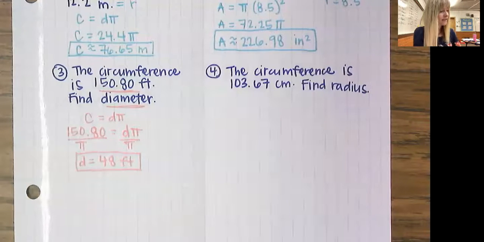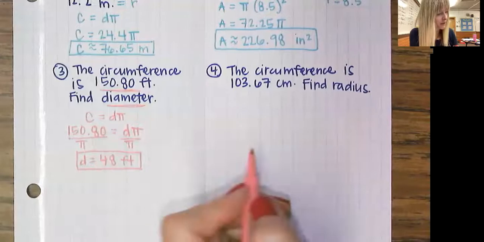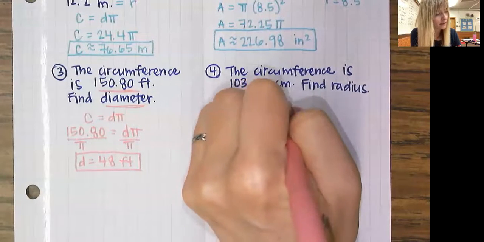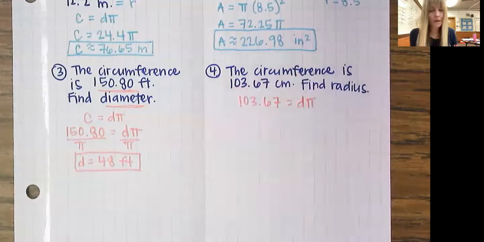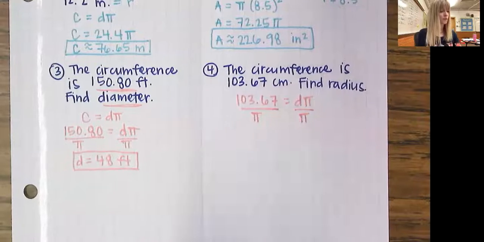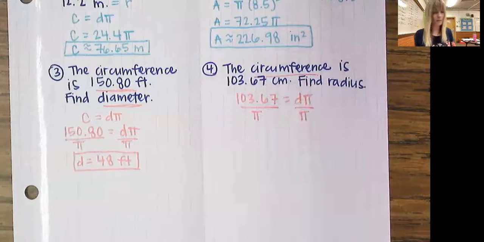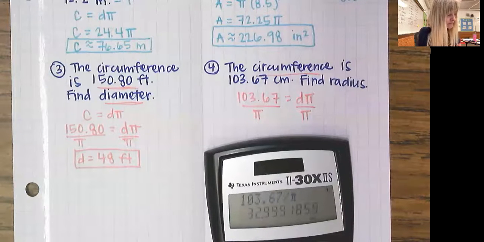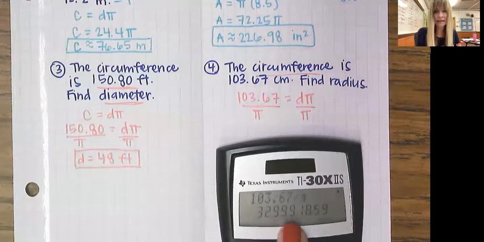All right, we're going to use the same circumference equals diameter times pi for this one. 103.67 equals diameter times pi. We are still dividing by pi. When you work backwards, if you know the circumference, divide by pi instead of times by pi. 103.67 divided by pi, 32.99999.